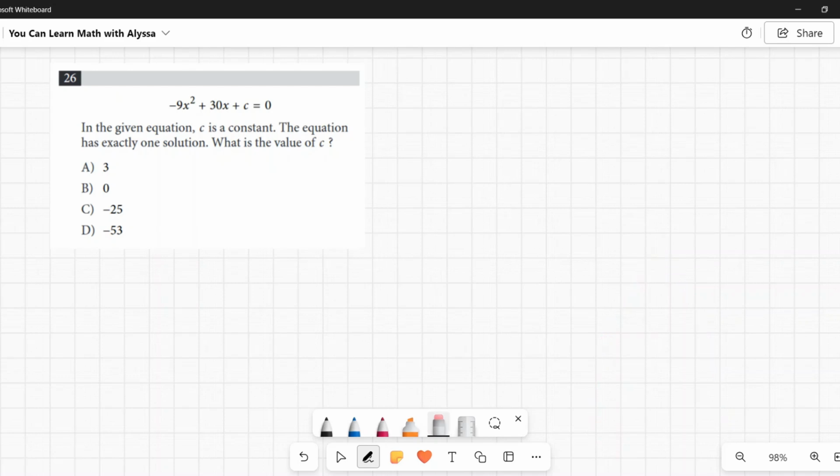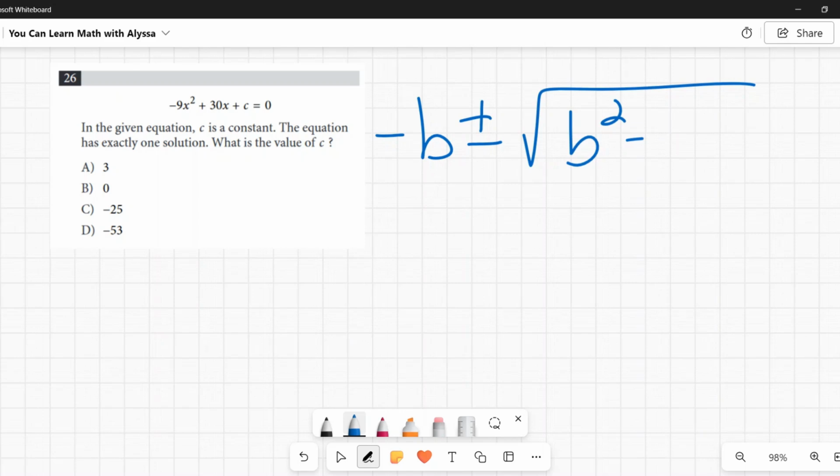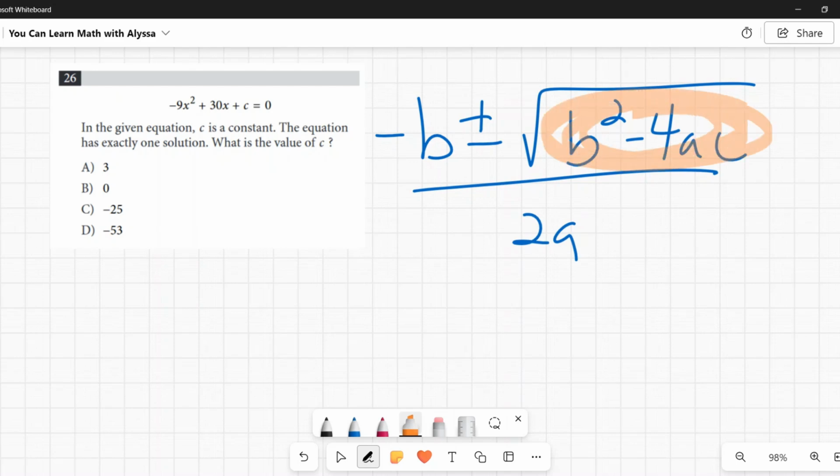Now, in the quadratic formula, which we use to solve quadratic equations, it is negative b plus or minus the square root of b squared minus 4ac all over 2a. This little bit inside under the radical tells us how many solutions it has.